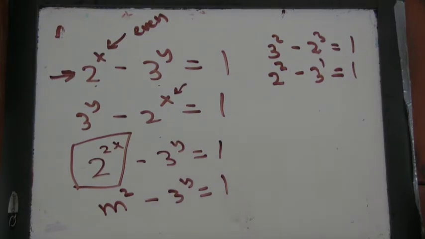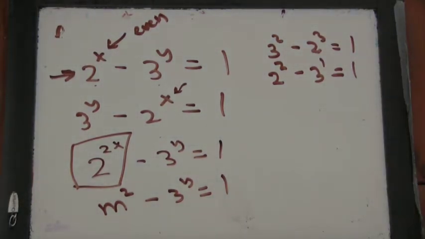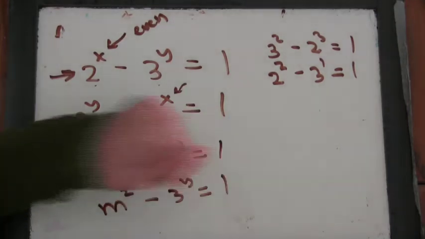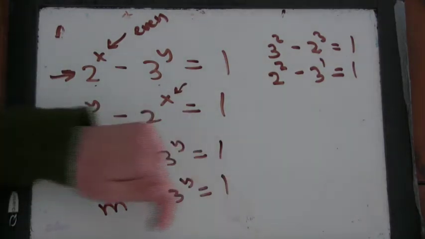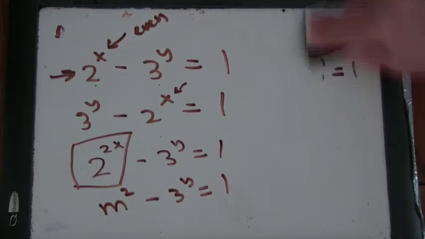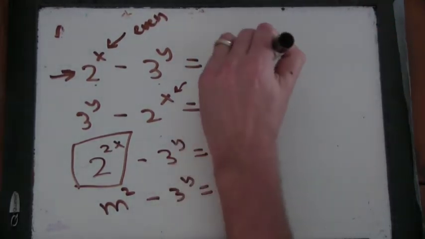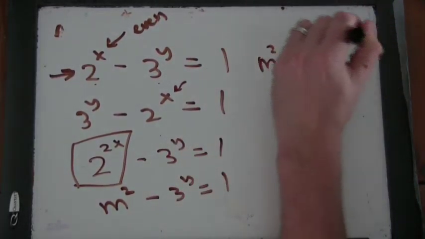So we could take the square root of both sides, I mean, move the m to the other side and multiply by minus 1. Or equivalently, this over here and this over there. So I get m squared minus 1 is 3 to the y.